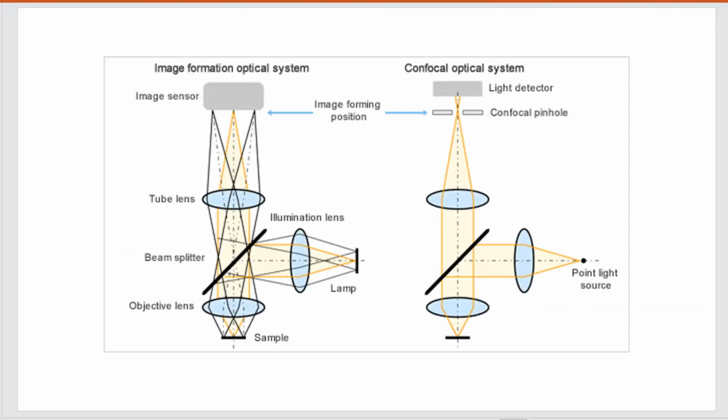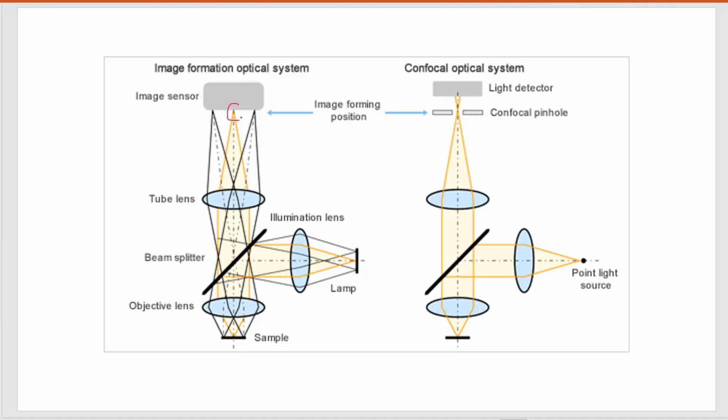Next we come to the confocal system. How it is different from the normal epifluorescence or fluorescence microscope is this: here you see, if the surface of the sample is not regular, the light will get split and you will see that it is not focused.